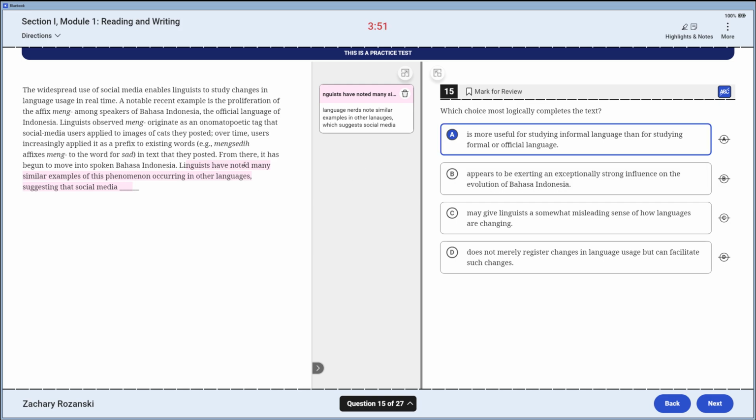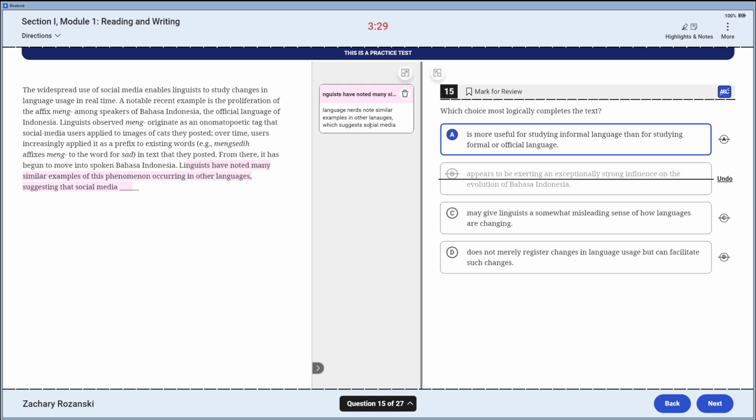I don't like this right now because I want to be showing this is in other languages. So to go exceptionally strong narrows the focus, removes the focus of other languages, and it almost makes it seem like it wouldn't be happening in other languages. So I think that's kind of trash. I'll put it in the trash pile.